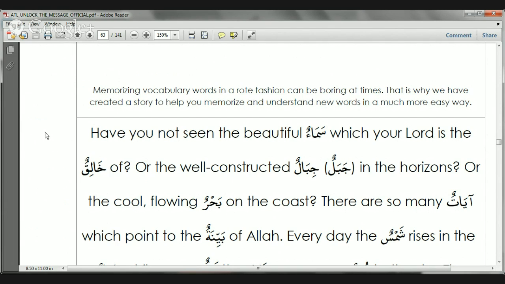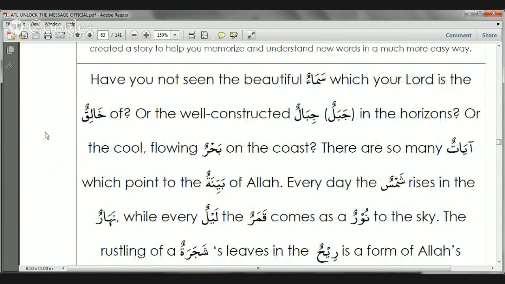But I'm only holding you responsible for jibal, not jabal. أفلا ينظرون إلى الإبل كيف خلقت وإلى السماء كيف رفعت وإلى الجبال كيف نصبت. Or the cool flowing bahrun on the coast. Bahr, sea, good. There are so many ayatun.